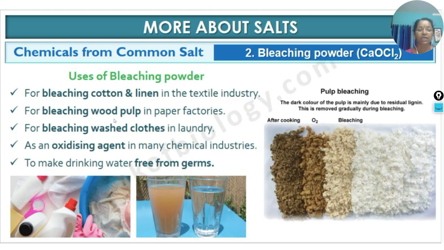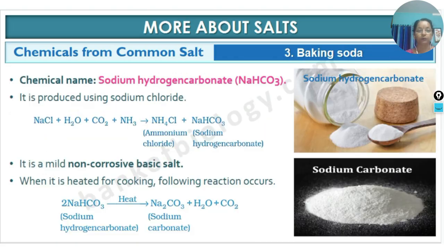These are some of the uses. See the effect of bleaching: the dark colored substances, like wood pulp or whatever it is, become bright white like this after bleaching. So chlorine or bleaching powder becomes very important.